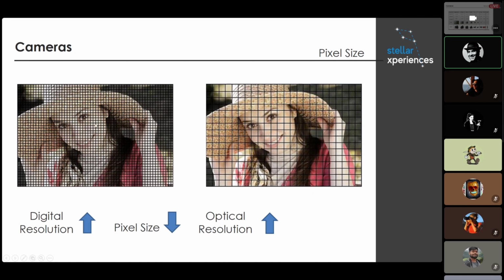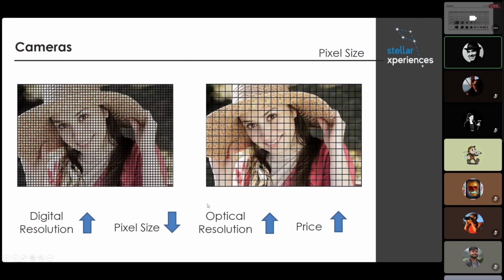And when you are using a higher digital resolution camera, you have to use a lens with a higher optical resolution so that you can have better images. And this, of course, affects the price really badly. As most of you know, sometimes some good lenses can cost double, triple, even quadruple the price of a body.